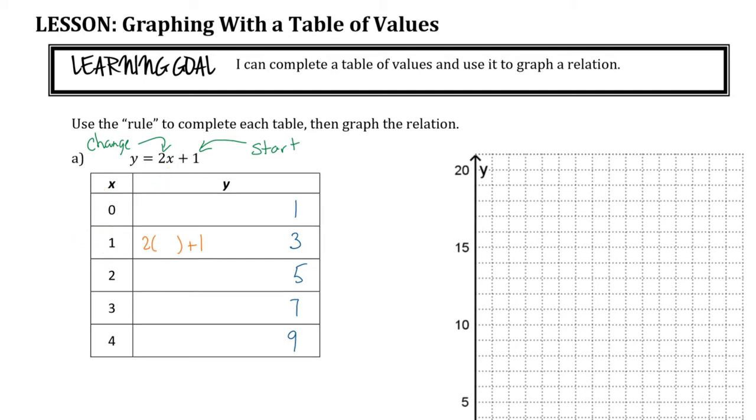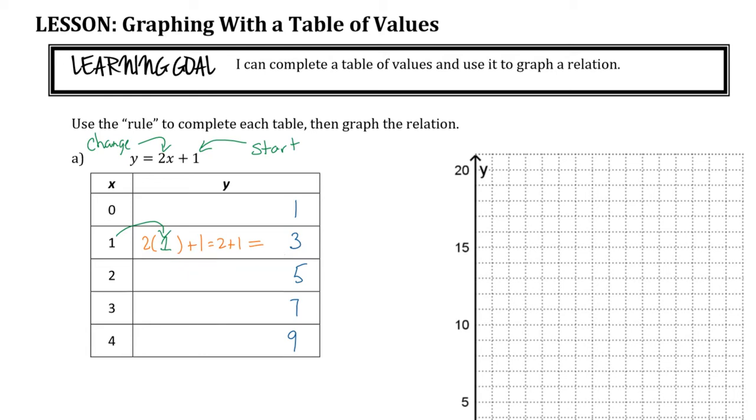So I take that 1 and I sub it in right there. And that gives me 2 times 1 is 2, and 2 plus, this part here is 2. 2 plus 1 gives me my 3.